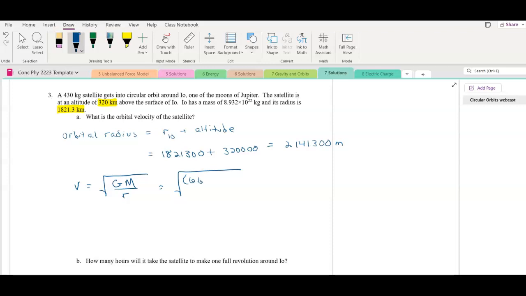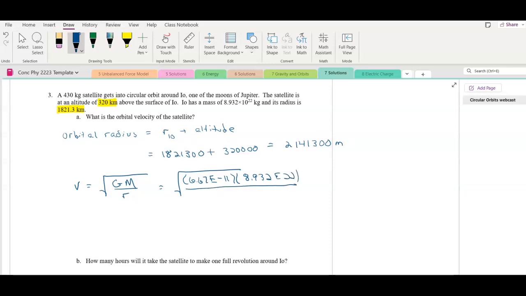So the universal gravitational constant is 6.67 e to the negative 11th. Okay, which mass do I use? They've given me the mass of the satellite, 430 kilograms. They also gave me the mass of Io. And this is the big mass. It's the mass of the body at the center of the orbit. So that would be Io, which is 8.932 e to the 22.